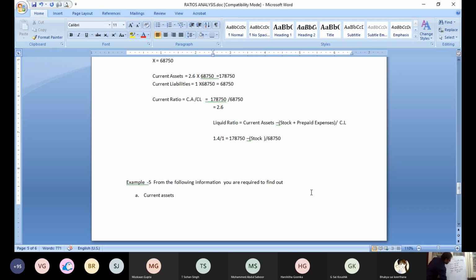So now cross multiplication. So 1 into 1,78,750 minus 1 stock is equal to 1.4 into 68,750. So 1,78,750 minus stock is equal to 1.4 into 68,750.